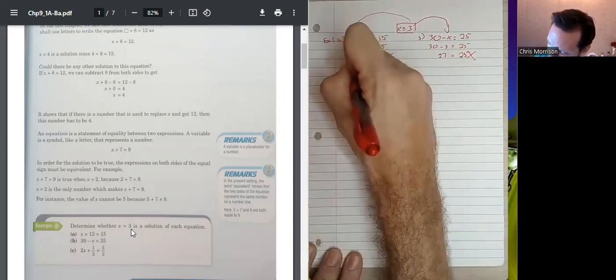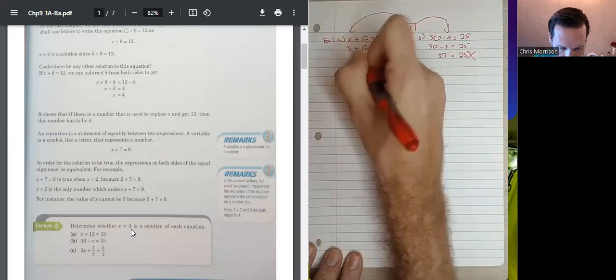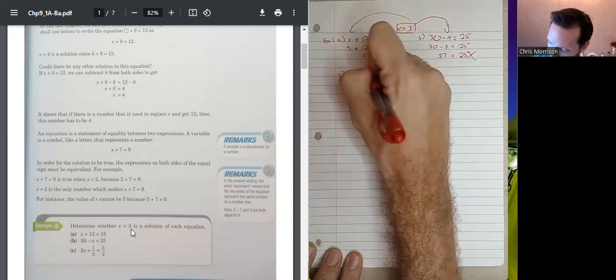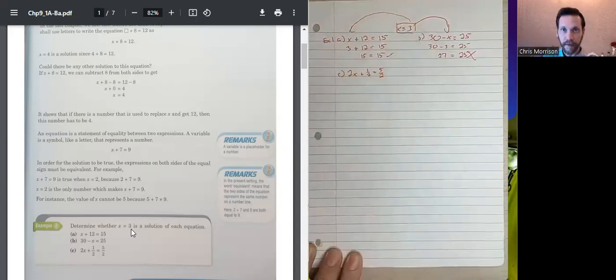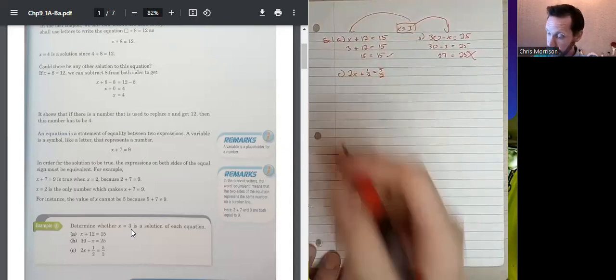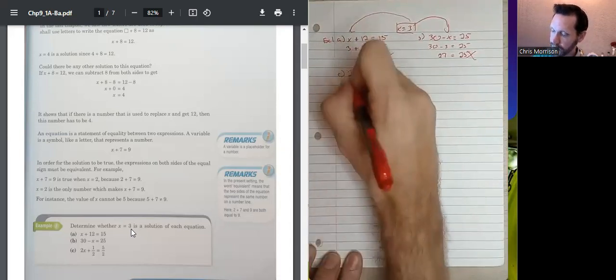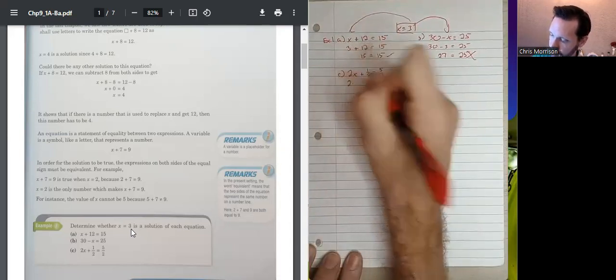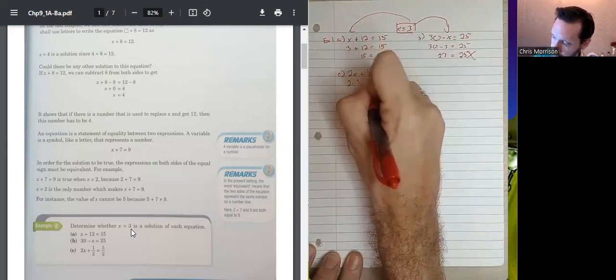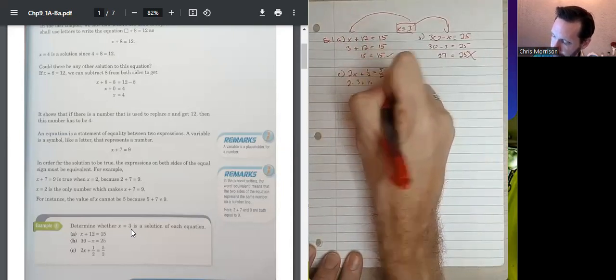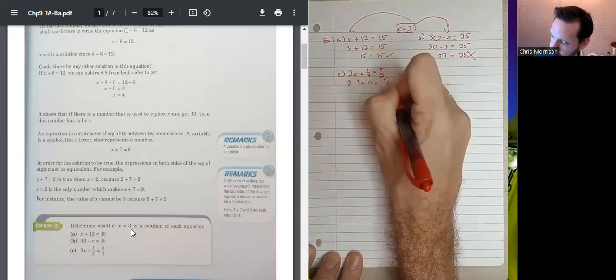Let's look at example C: 2X plus 1/2 equals 5/2. Looks kind of complicated, doesn't it? Let's just write it out and see. 2X is the same as 2 times X, and we're assuming X is 3, plus 1/2 equals 5/2.